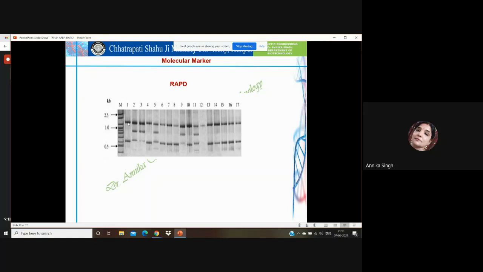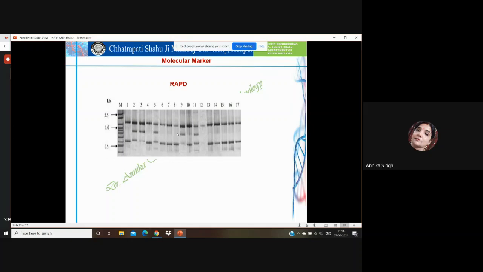The band which corresponds to approximately 6 kilobase is almost present in all samples, but this band which corresponds to this one, probably 0.9 kilobase pair, is present only in some samples, while there is a variation found in the band pattern which corresponds to this band, clear cut variation, and the variation is also present in this second band.